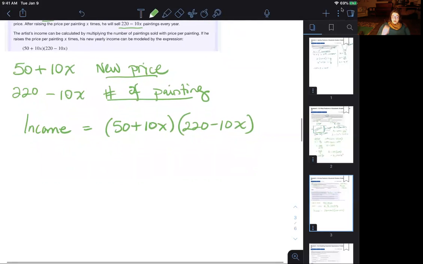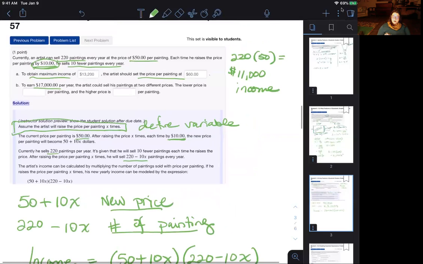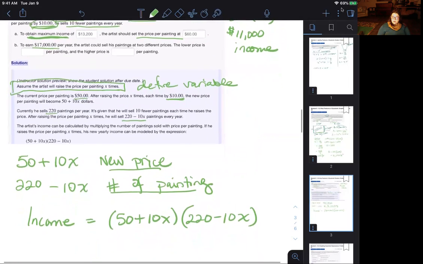Again, we could look at this on Desmos, but if we go ahead and FOIL this out, that's going to allow us to get the equation as a quadratic in standard form so that we're able to find the vertex, which is going to tell us the maximum income that they could make and the price that they could sell it for.